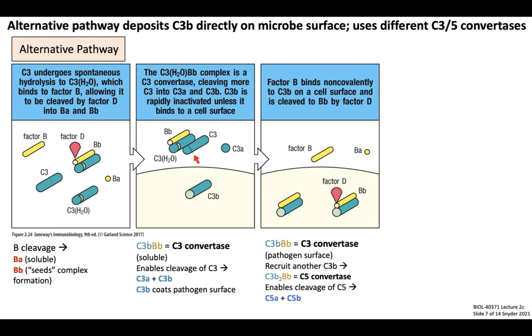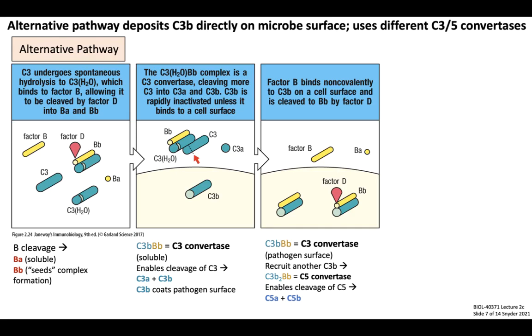We're going to quickly switch over to the alternative pathway, which differs from the classical and lectin pathways in how it forms a C5 convertase. Now, in the alternative pathway, there's no pattern recognition binding with a soluble factor recognizing sugars on the microbial surface.